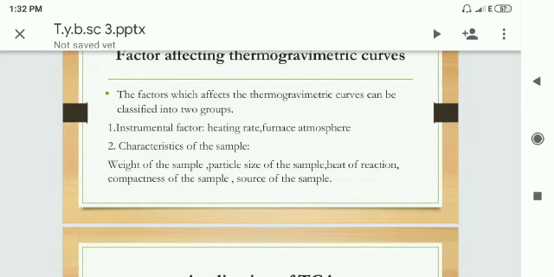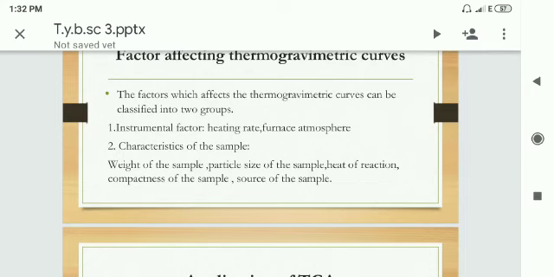The first group is called instrumental factors: heating rate, furnace atmosphere. These are instrumental factors which affect the thermogravimetric curve. The thermogravimetric curve is also affected by the characteristics of the sample. These are the two main factors which are affecting thermogravimetry analysis.